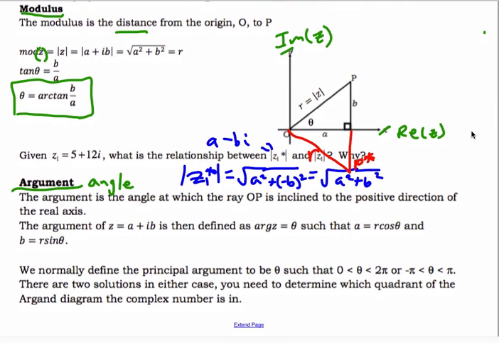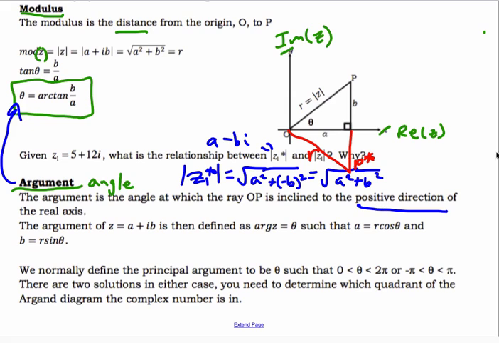Going back to this section, we call this angle the argument, the angle that it makes with the positive direction in the real axis, and of course the modulus is the distance from the origin.